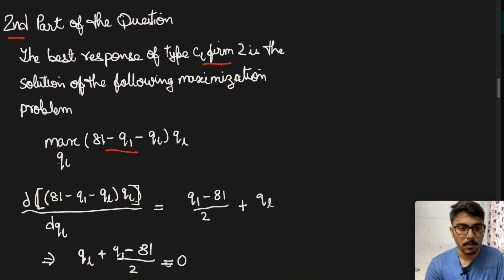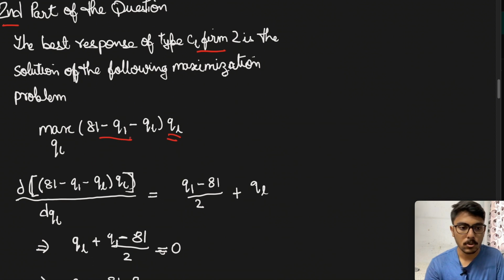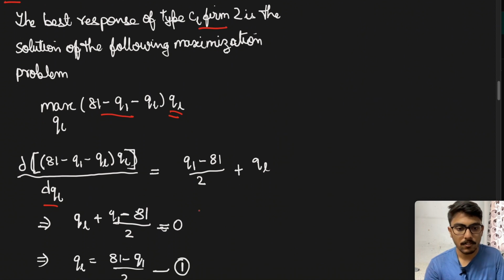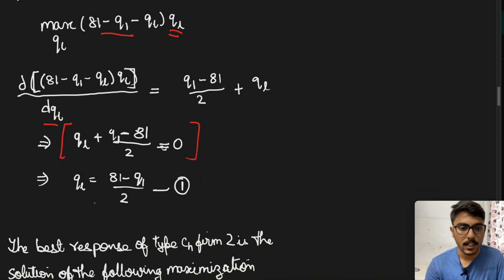So in that case, we will maximize this with respect to QL. Why QL? Because the quantity with respect to company 2 is being treated here. So we will just partially differentiate it with respect to QL and then equate it to 0. So once we do that, we will get this equation. So I'll read it out. QL plus Q1 minus 81 by 2 equals 0. So from here we get QL as 81 minus Q1 by 2 and name it as equation 1.